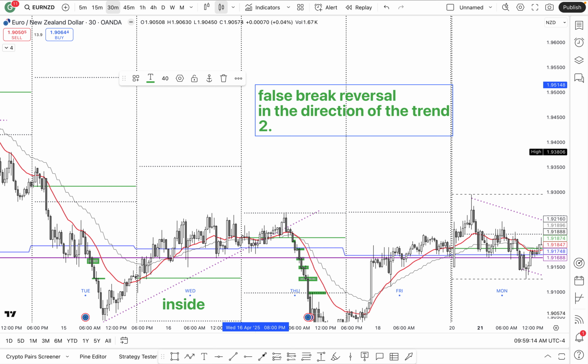Number two, the false break reversal against a trend.